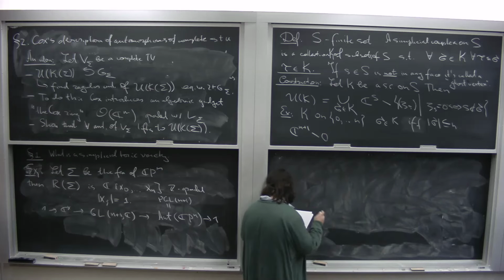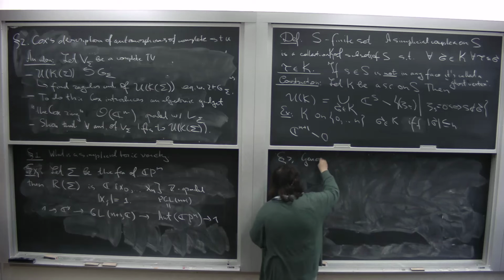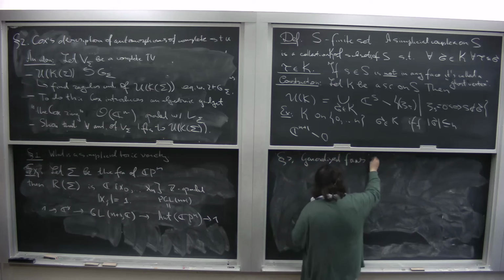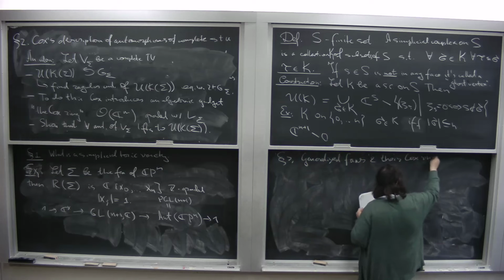Okay. So part 3, generalized fans and their Cox rings.